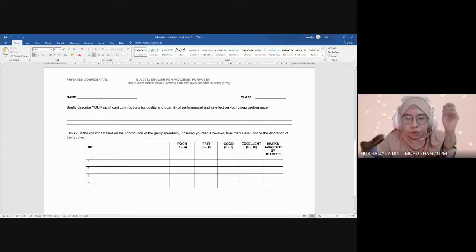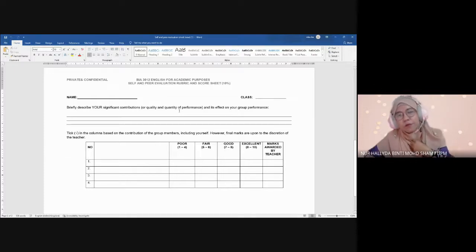This is not by group, this is individual. You write down your name, your class. And then you yourself have to briefly describe your contributions, or the quality and quantity of your performance and its effect on your group performance. Group performance here means your research paper.